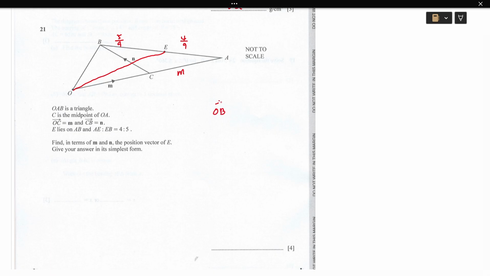So OB vector equals OC vector plus CB vector, which is M plus N. Next, AB vector equals AO vector plus OB vector. AO vector is negative 2m, plus OB vector m plus n, which is negative m plus n. AB vector.